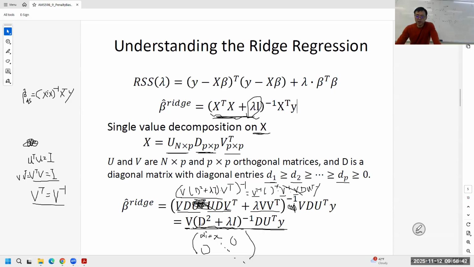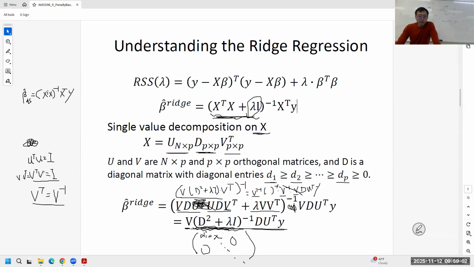So the middle part is also a diagonal matrix, and the inverse of a diagonal matrix just takes the reciprocal of each diagonal element, right? So the inverse of this matrix is very easy to do.